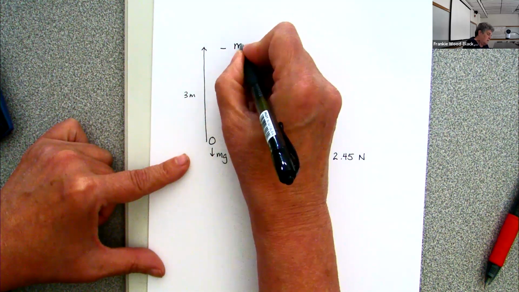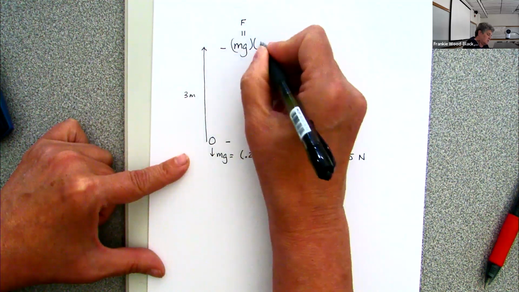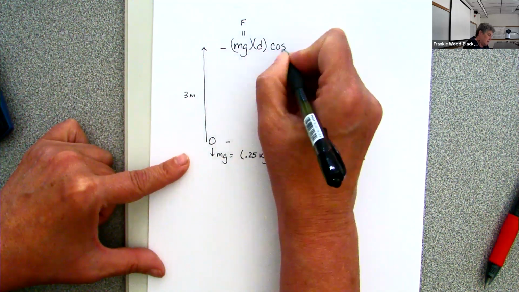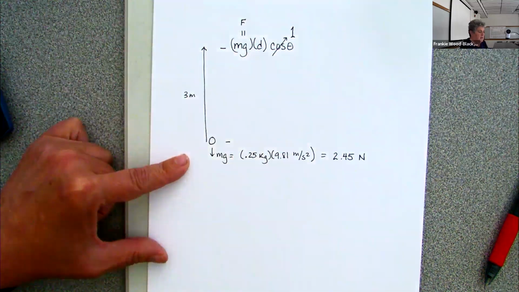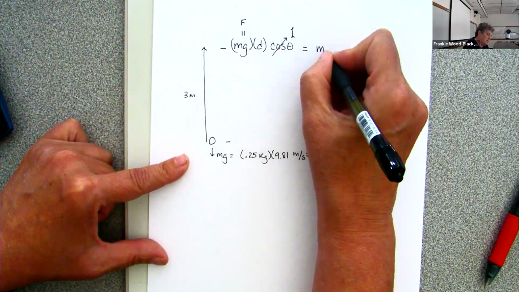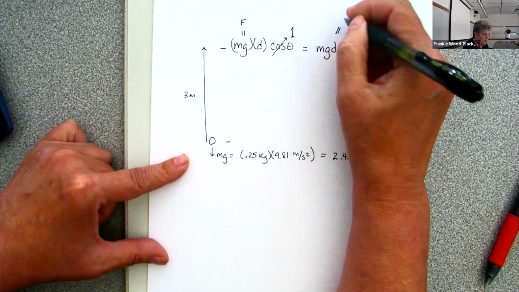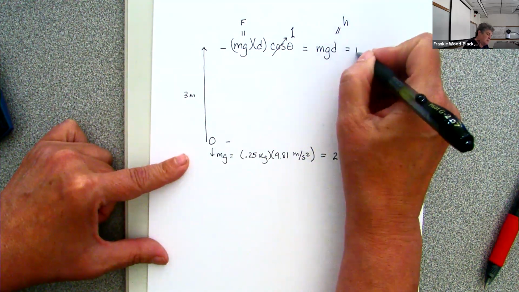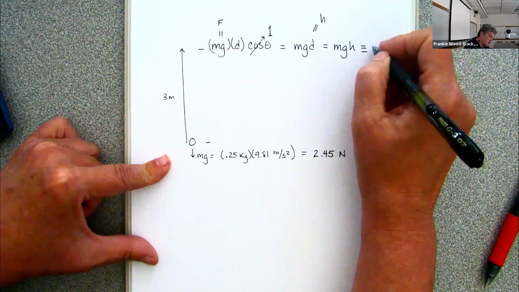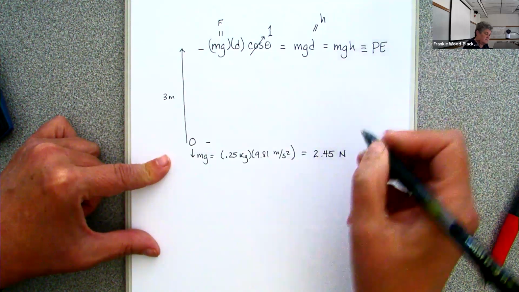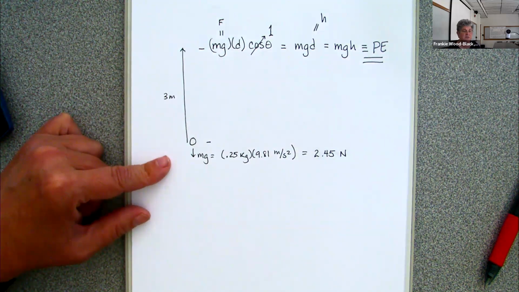This is going to be our force times our distance times the cosine of the angle, but our cosine of the angle is equal to 1. And now I've got something that's mgd, but in this case, our d is equal to h. This is going to give me mgh, and we're going to define this as our gravitational potential energy.